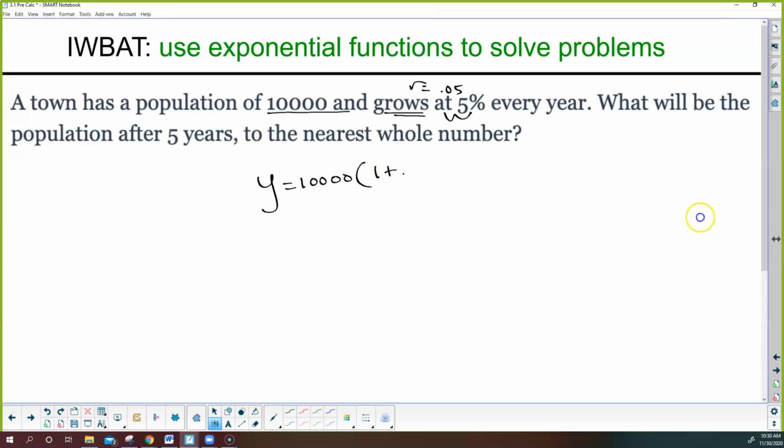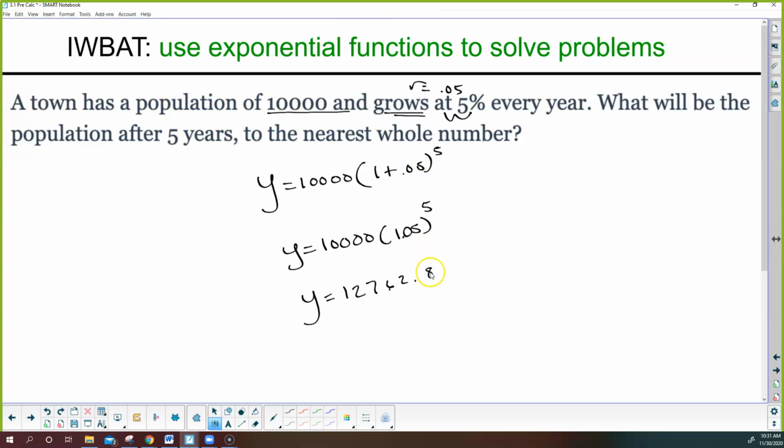So it would be 1 plus 0.5. Why is it a plus? Because we're growing. And then what would it be after 5 years? So basically, if I add the 1 plus the 0.5, and then I take it to 5 years, and now notice, we're talking about population.